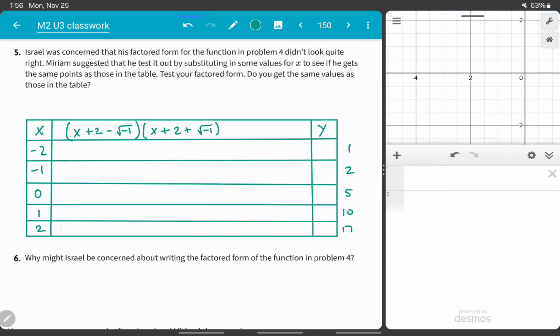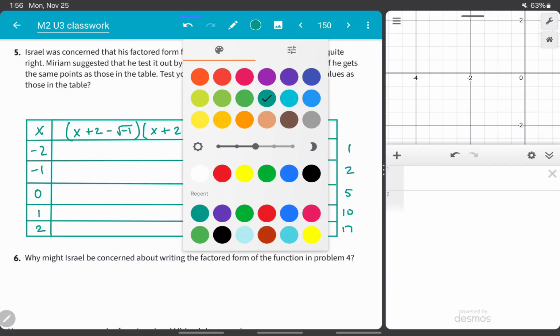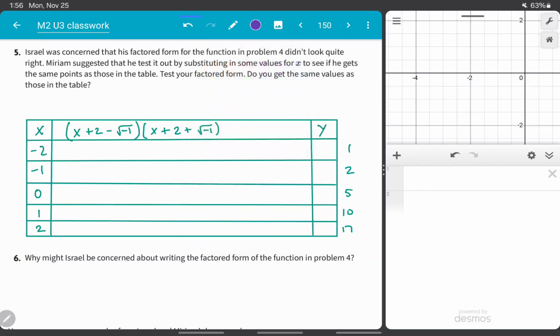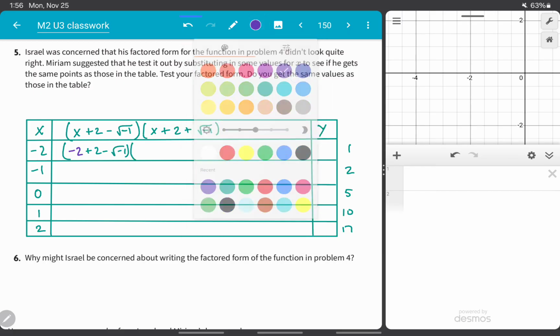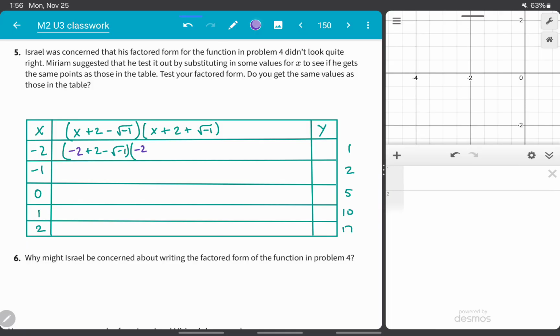All right, so let's plug in some numbers. Let's do -2 plus 2 minus square root of -1, and -2 plus 2 plus square root of -1. Well, -2 plus 2, that's 0.